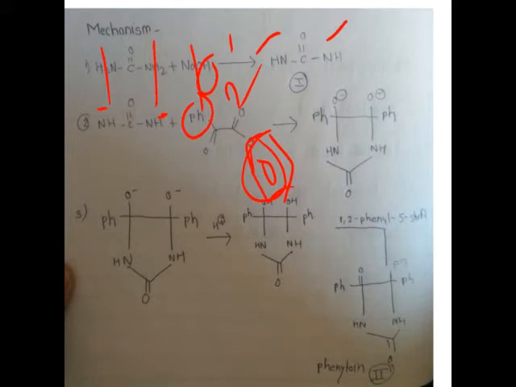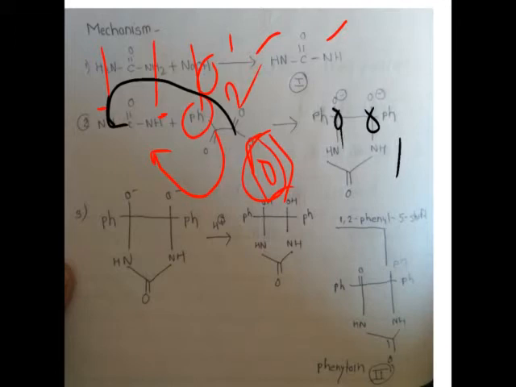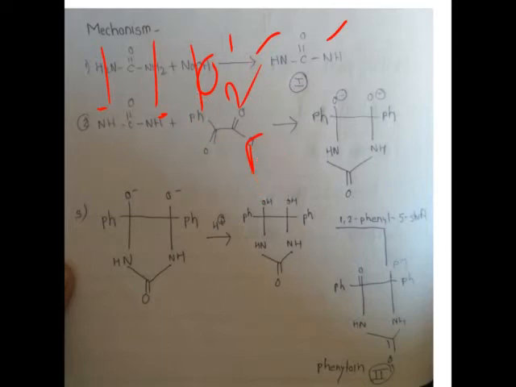One carbon binds to this nitrogen, and the second carbon binds to the other nitrogen. So this is the end product of the second step, or you can say it is the intermediate formed during the second step.